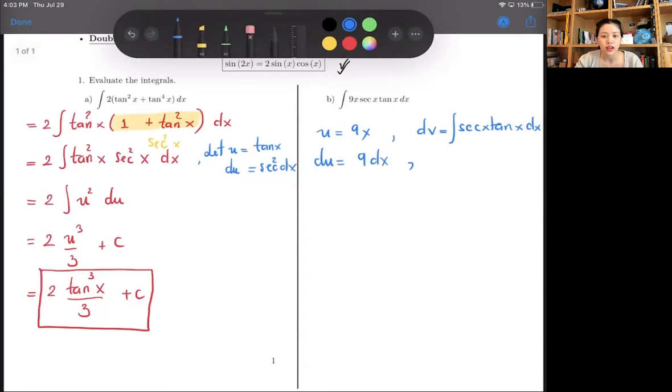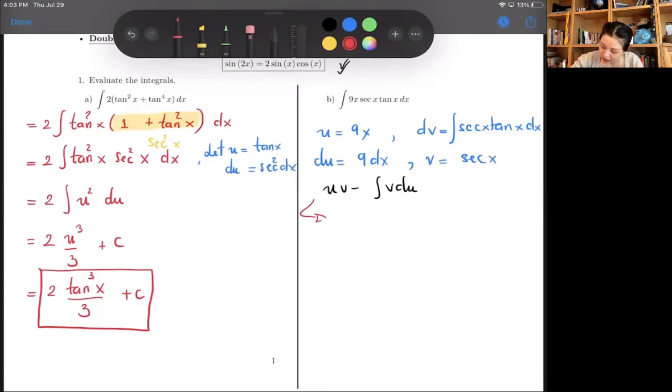So v equals the antiderivative of secant x tangent x, which is secant x. Now remember, integration by parts has the formula uv minus the integral of v du. All we have to do now is plug it in.